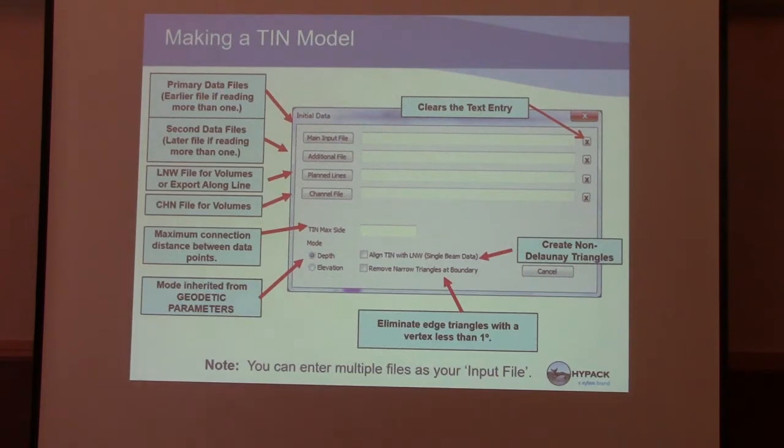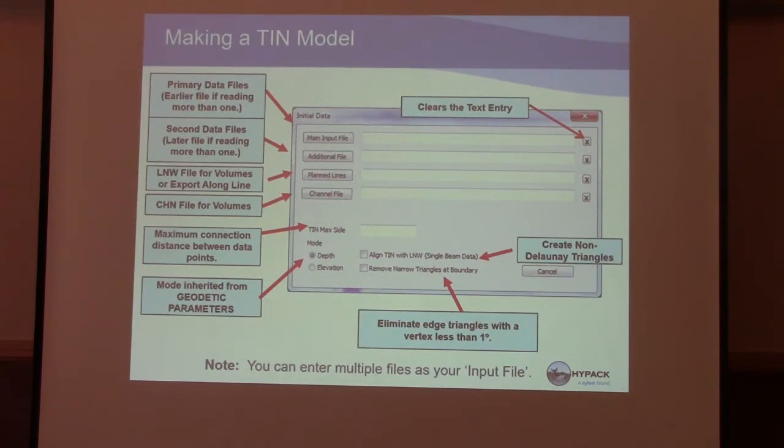Anyone know what that number should be in a single beam data set? There's a guideline. What is it? 150% of your line spacing. Do you know why? Remember anyone in here from the single beam class that joked about boat operators not being perfect? You can't run a zero offset line.